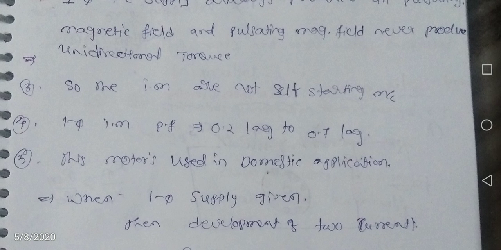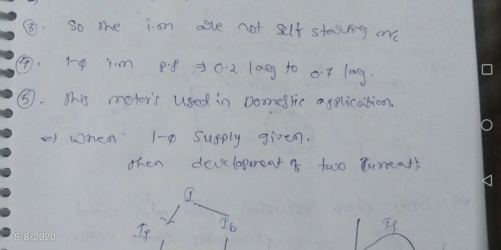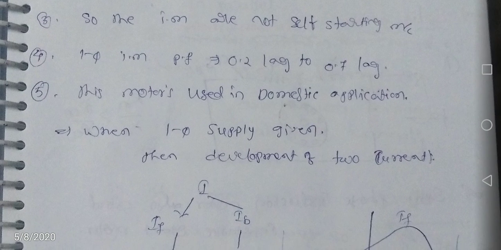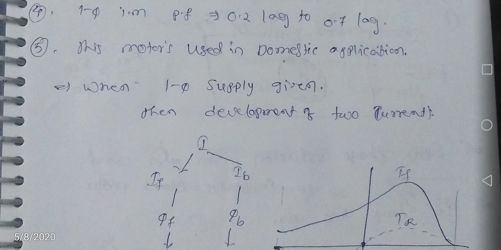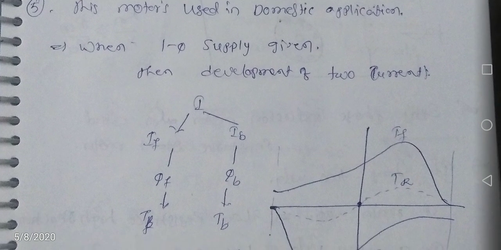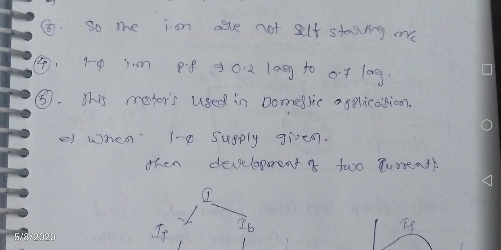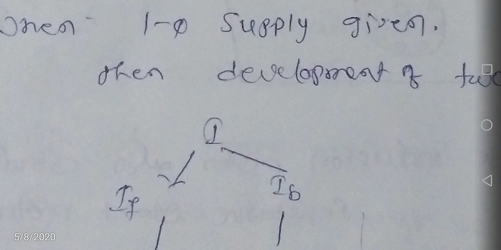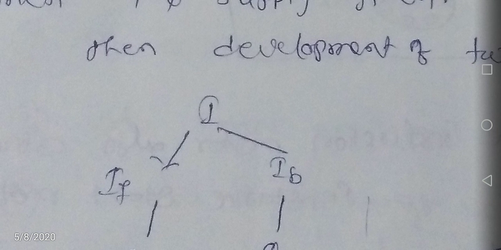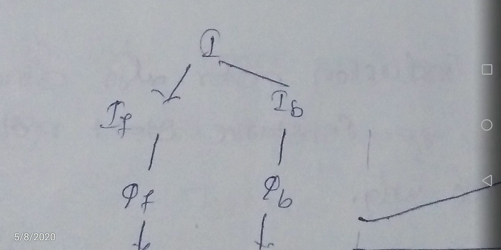When a single phase AC supply is given to the induction machine, it develops two currents. Whenever supply is given to the stator of the single phase induction machine, it develops two currents, one in the forward direction and one in the backward direction. So this forward current produces a forward flux and the backward current produces a backward flux.